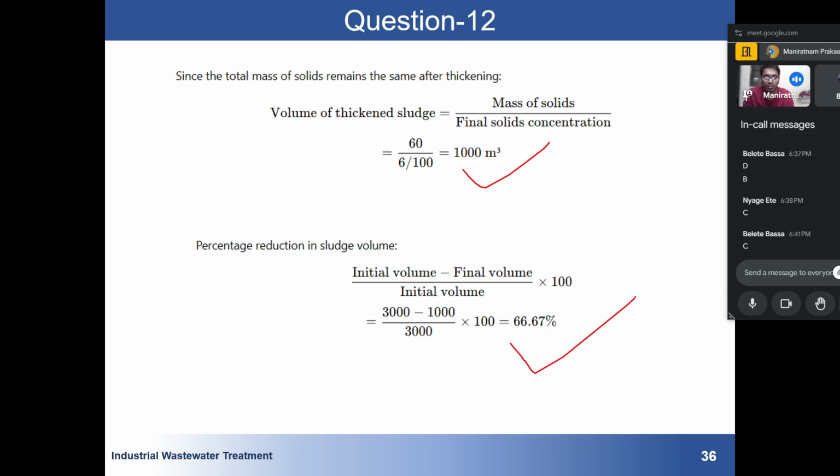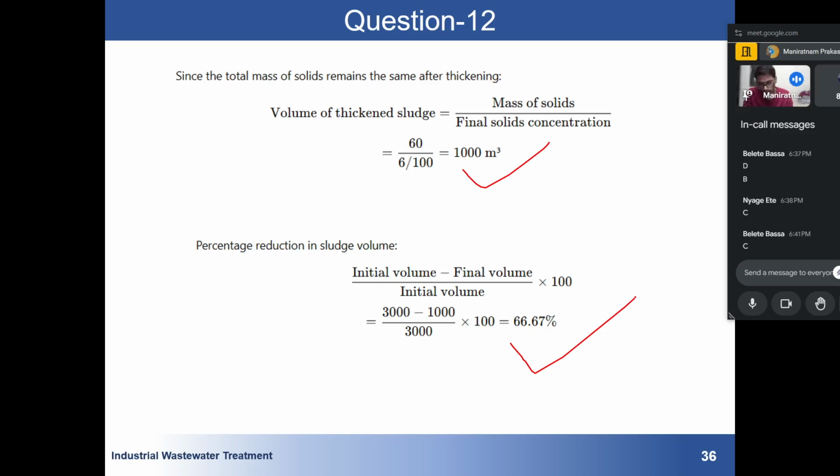There is an overall reduction of 66.67%. And remember, only water is being removed, the solid amount remains fixed. So this is the main concept behind whenever we solve any numerical question related to sludge.